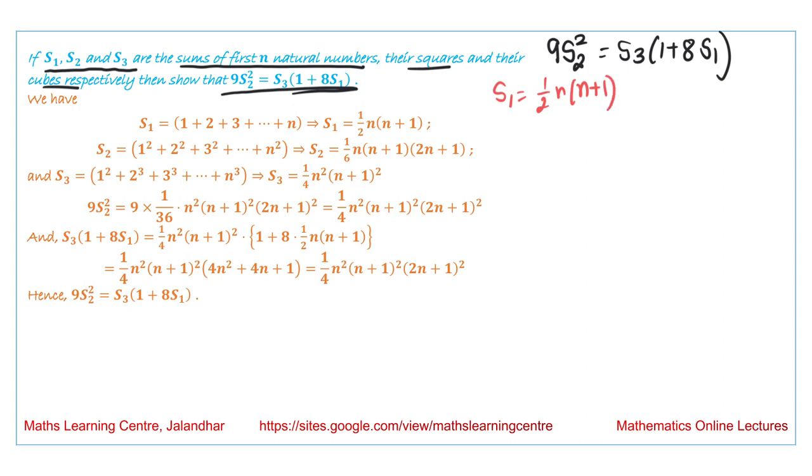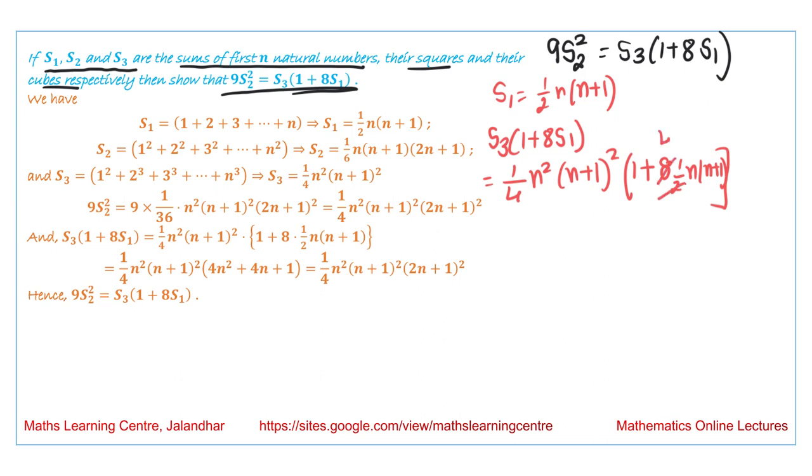The value of S3 we know. So if we multiply both these results, S3 into 1 plus 8 times S1 is equal to 1 by 4 n square into n plus 1 square into 1 plus 8 times 1 by 2 n into n plus 1.